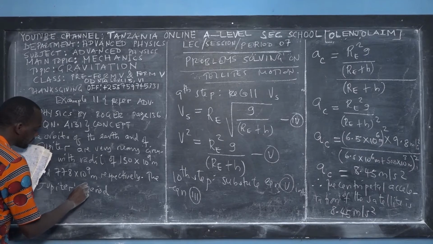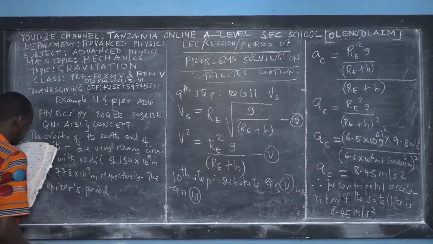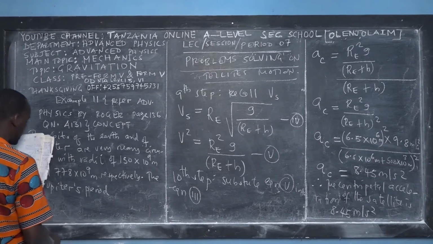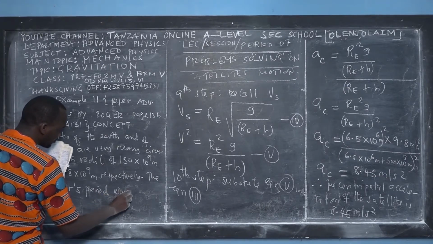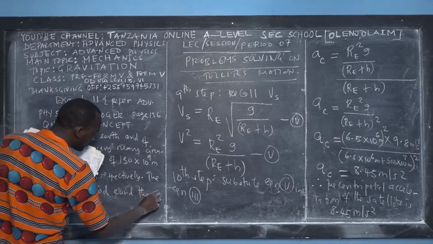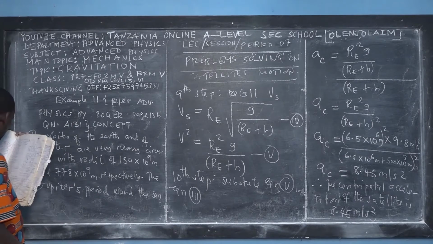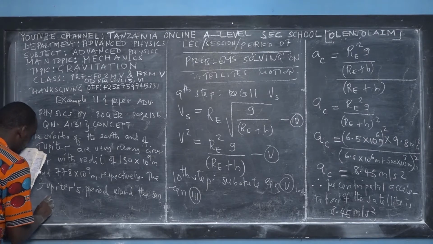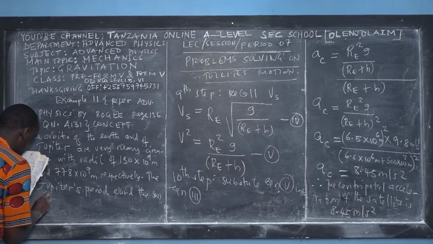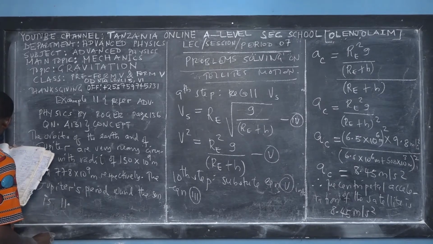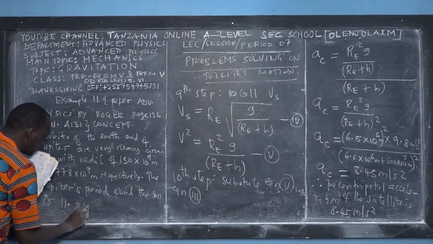Jupiter's period around the Sun is 11.8 years.